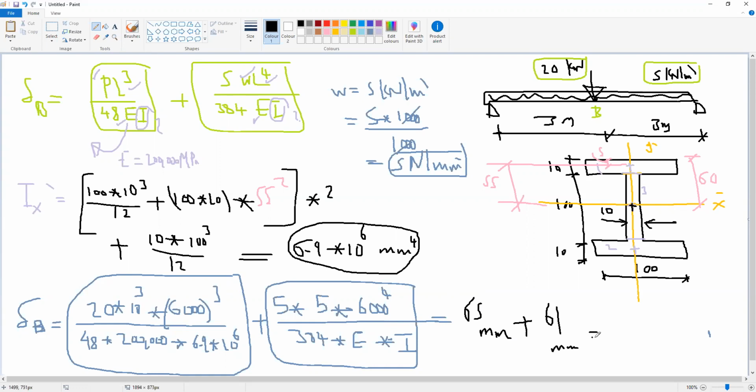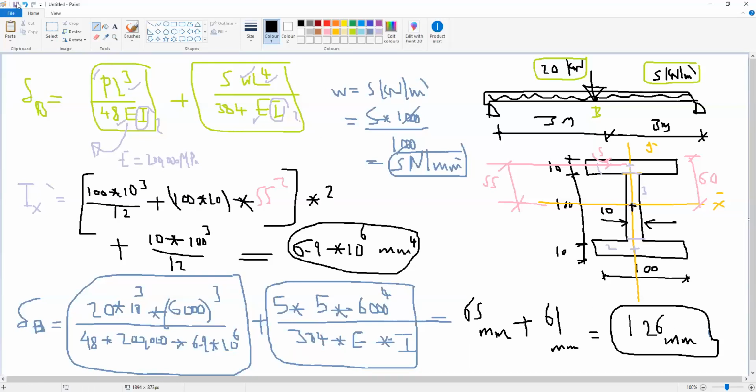This gives us the final deflection of 126 millimeter. So the deflection at B for the two loads, uniform and concentrated, will be 126 millimeter.